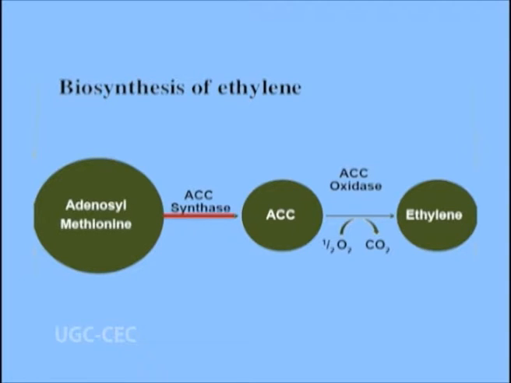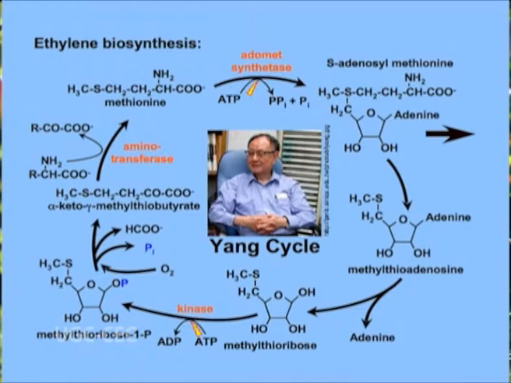This reaction is catalyzed by the enzyme ACC synthase. ACC is further oxidized by ACC oxidase to form ethylene, carbon dioxide and ammonium. The methionine is recycled via the Yang cycle.